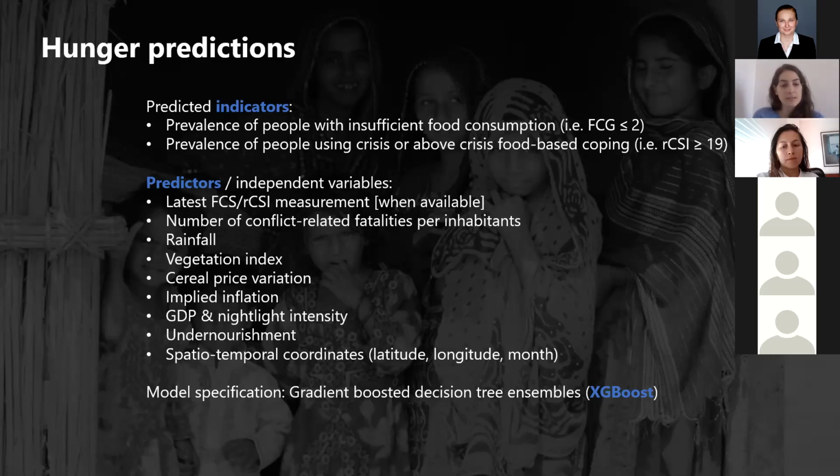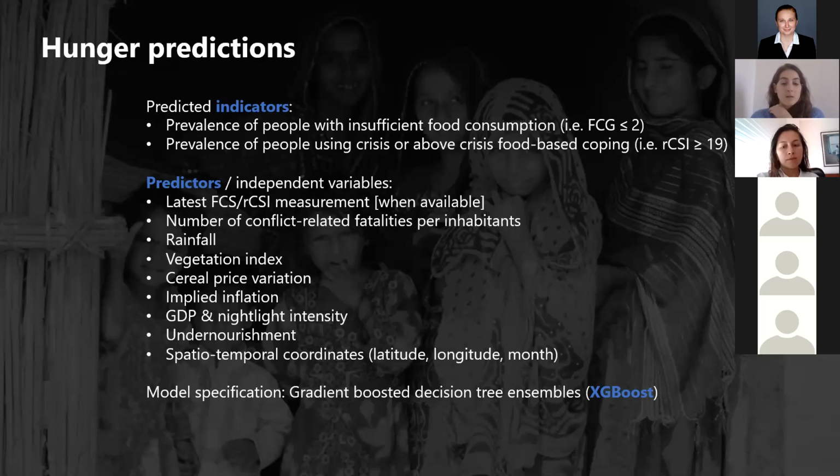Of course, some of these data are not at admin1 level. They are more national estimates, but then we just use the same value for all the admin1s within the same nation. And then, the kind of model that we use, and this is maybe of interest just for more machine learning interested people, is a state-of-the-art machine learning model called XGBoost.